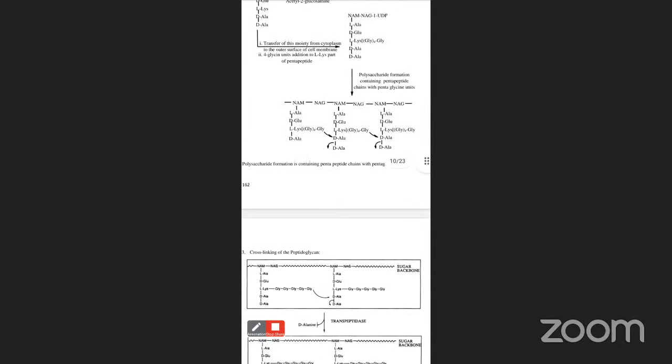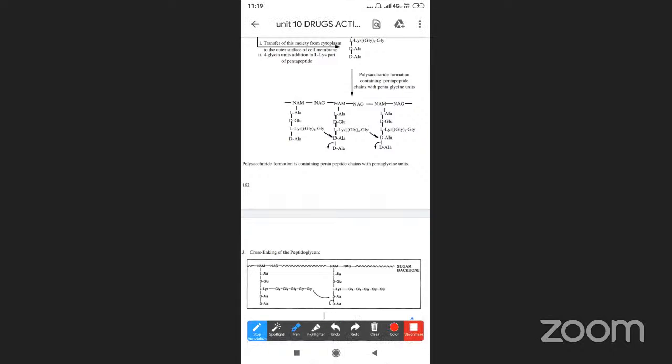Here you see how the peptidoglycan chain is elongated. You see here, this is a glycine, right? This glycine is going to cross link with this D-alanine here, where the D-alanine is going to leave. And what is happening here?